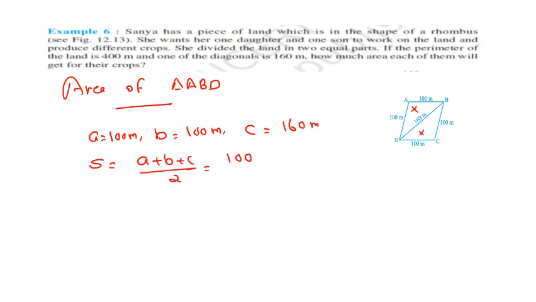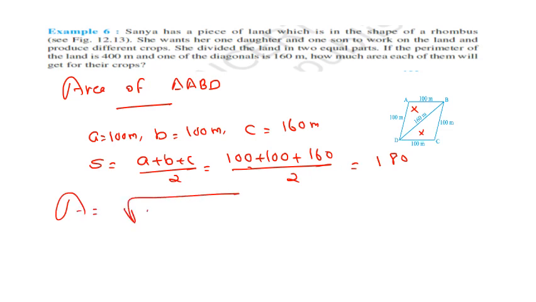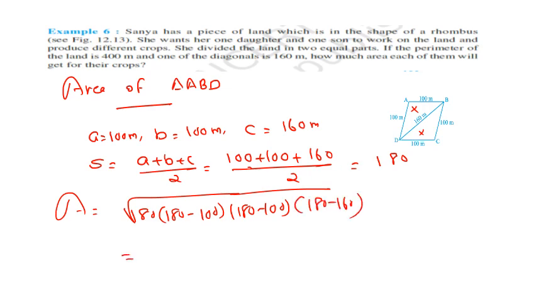So 100 plus 100 plus 160 by 2. So 360 by 2 is 180. Therefore, area is equal to root of 180 into (180 minus 100) into (180 minus 100) into (180 minus 160). So what is it?